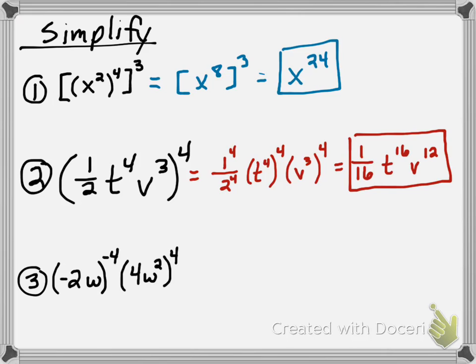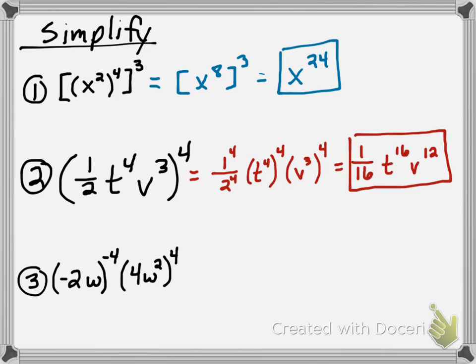Okay, now, number 3 actually pulls back in from earlier, actually having to multiply these things together. So we're going to have to go through this one. Alright, the first thing, everything gets the exponent. So everything in this parentheses is going to get this exponent. Everything in this parentheses is going to get this exponent.